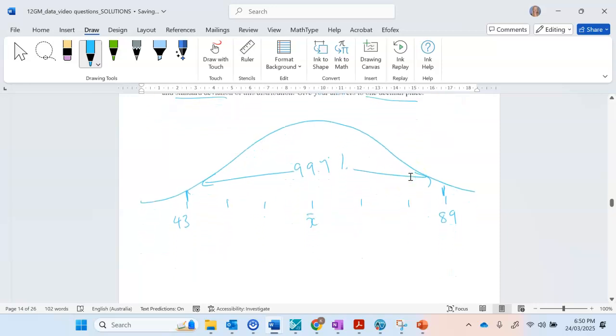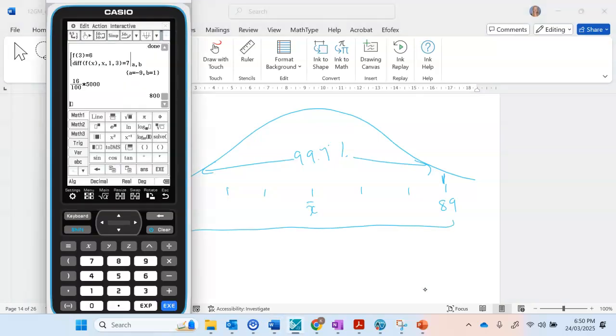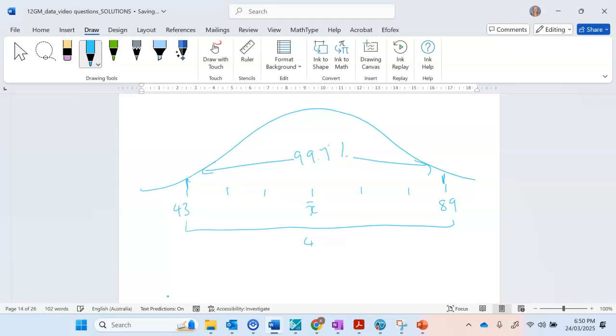So let's think about this in terms of a number line. If you can ignore that bell-shaped curve, as beautiful as it is, what have we gone up by going from 43 to 89? We can just do that on the calculator. 89 minus 43. So we've gone up 46. That's the difference between those two values, between 43 and 89.